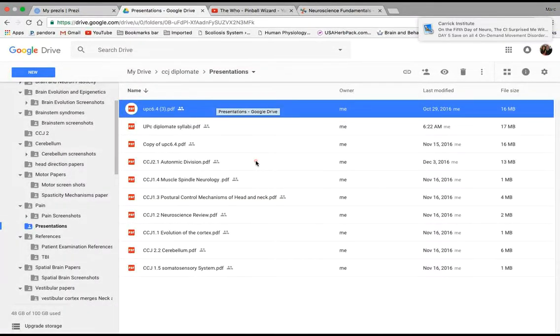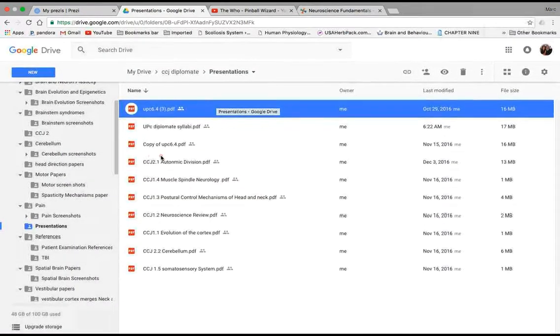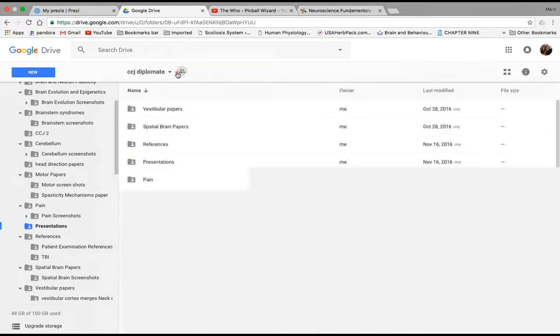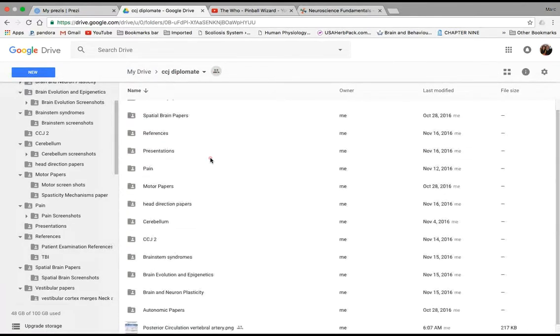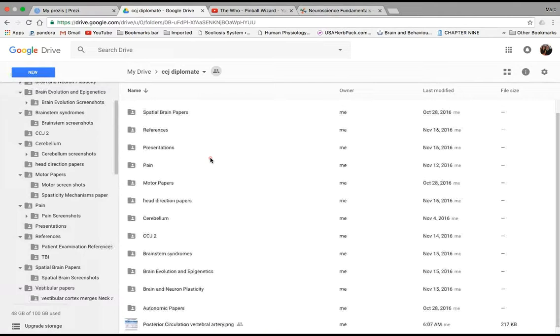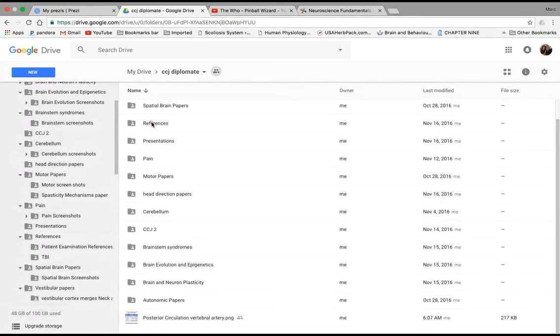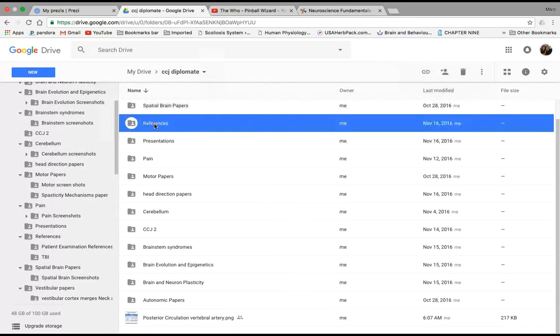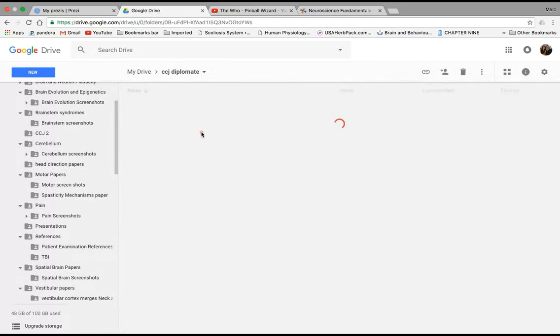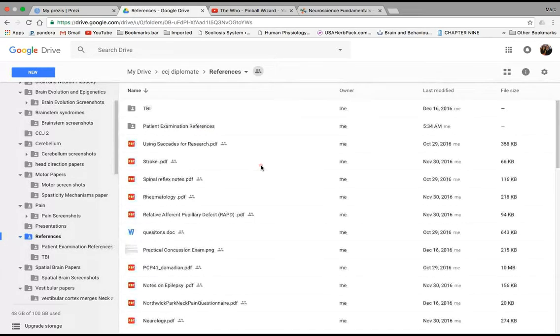Okay, so here's the Google Drive, which you have access to. And in here we have different categories of all the different papers. We have references. In this references section, you'll also see that we have patient examination references.